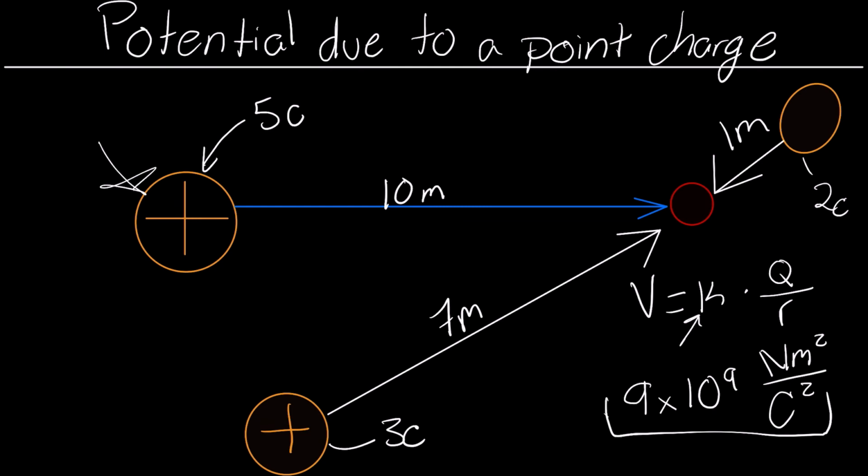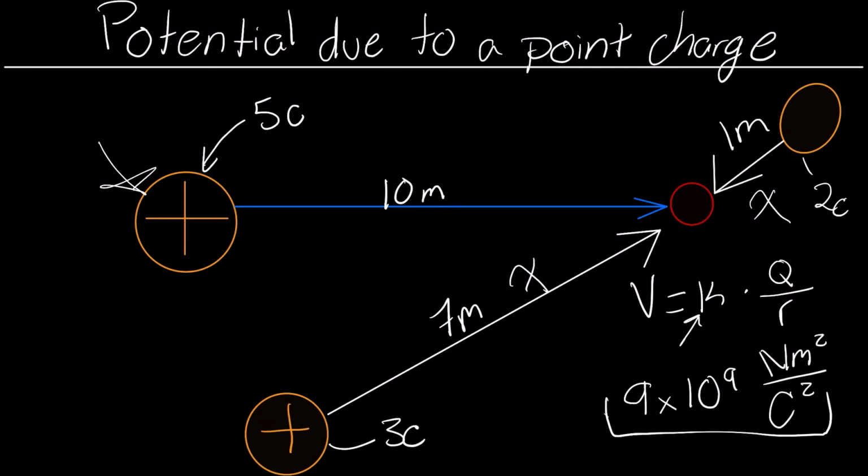So what we would actually do is the same thing that we did with one charge. We would replace the distance, 7 meters, with the r. We would replace the charge here, 3 coulombs, with this q, and the constant remains the same. So we would get an X amount of value for this and an X amount of value for this.